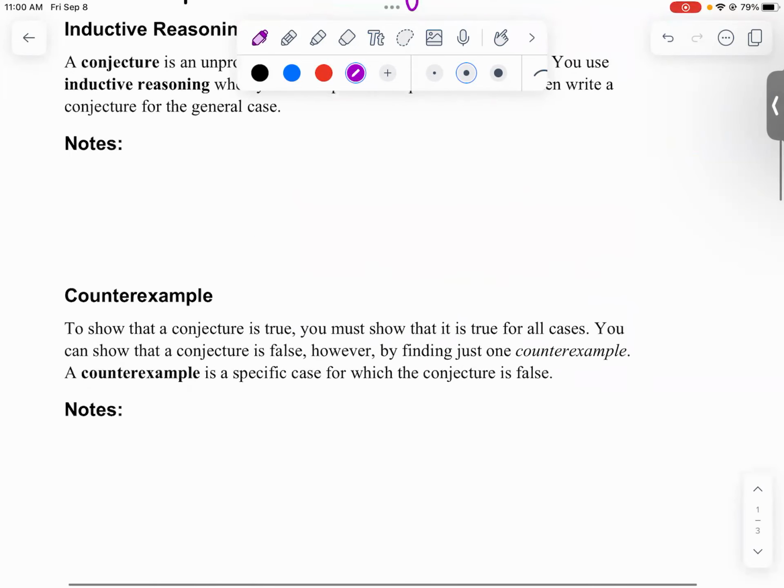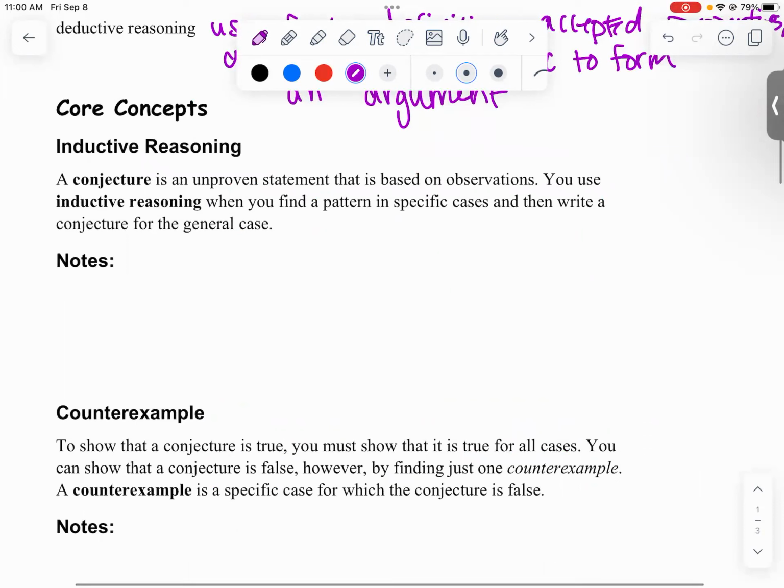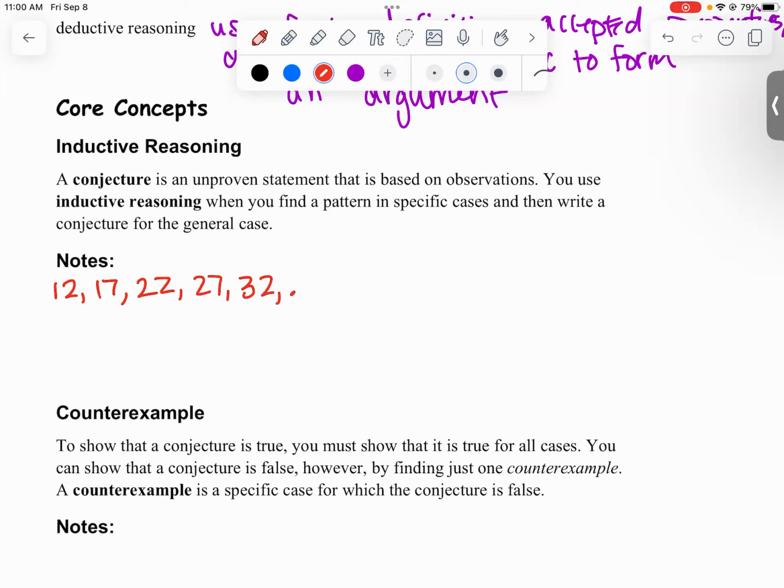All right, so under inductive reasoning, we've talked about what a conjecture is and we've talked about inductive reasoning. Let's use it to follow a pattern. So I want you to write down the numbers 12, 17, 22, 27, 32.